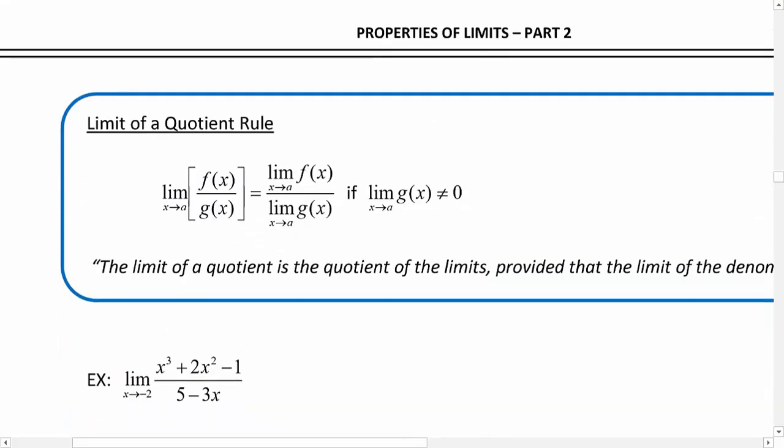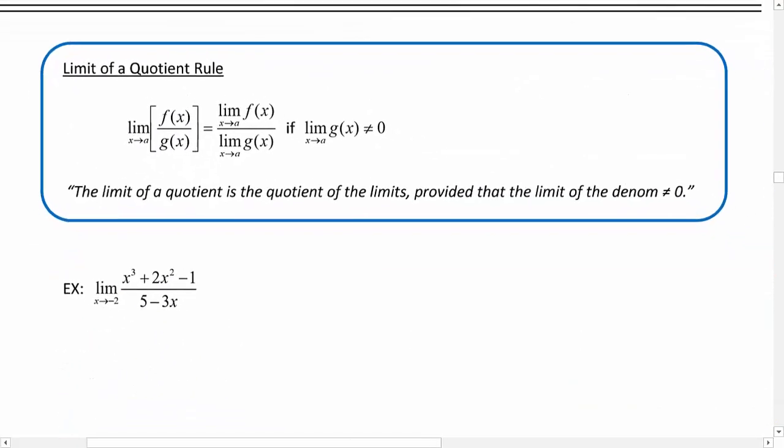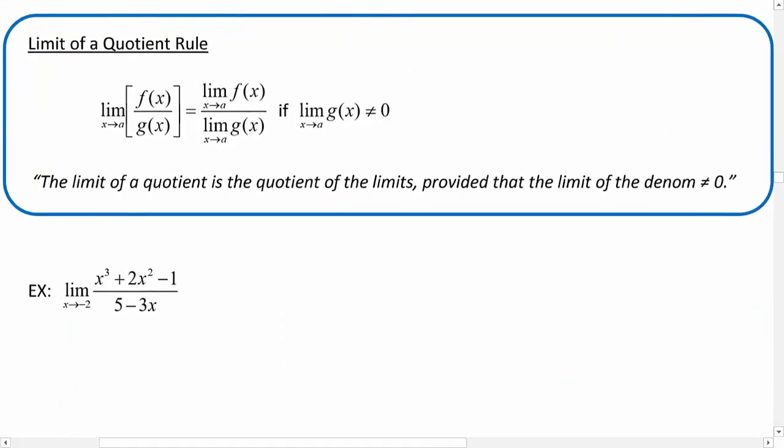All right, one more rule for us, and this is the limit of a quotient rule. The limit as x approaches a of f of x over g of x is equal to the limit as x approaches a of f of x divided by the limit as x approaches a of g of x. Again, we're basically just distributing this limit into everything inside of our parentheses.